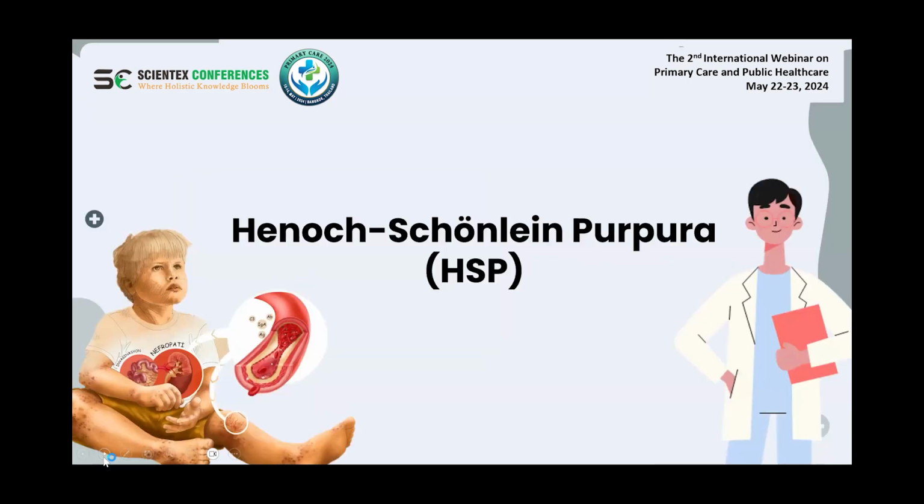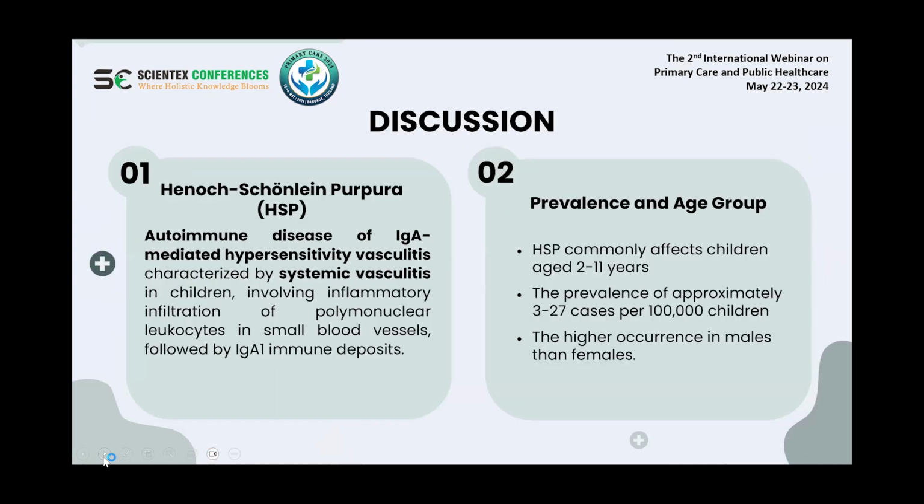So we continue to discuss what Henoch-Schönlein purpura or HSP is. HSP is an autoimmune disease, an IgA-mediated hypersensitivity vasculitis, characterized by systemic vasculitis in children, involving inflammatory infiltration of polymorphonuclear leukocytes in the small blood vessels, followed by IgA1 immune deposits.